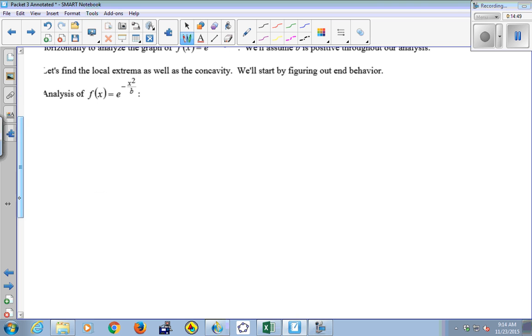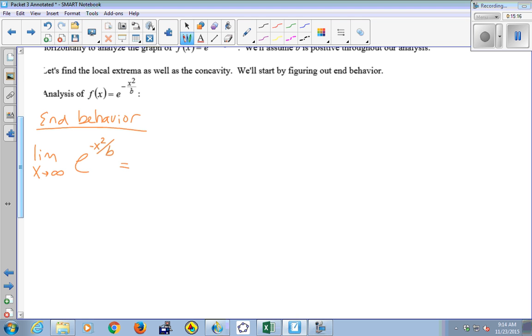Okay, so I want to start with end behavior. So I want the limit as x goes to infinity of e to the negative x squared over b. As x gets really, really, really big, what's happening to e to the negative x squared over b? It gets really small, yeah.